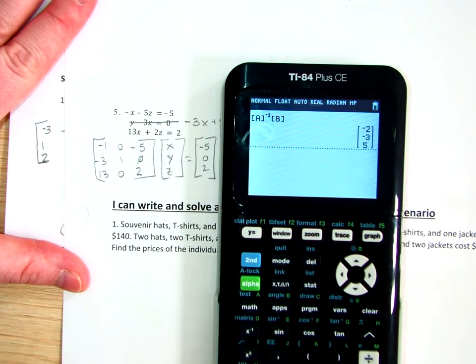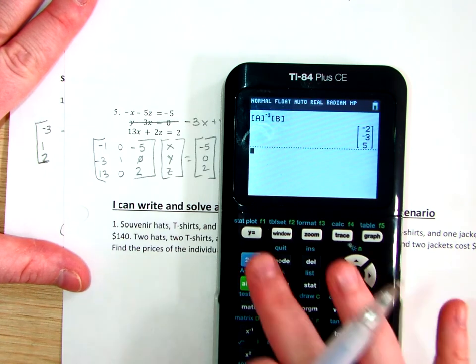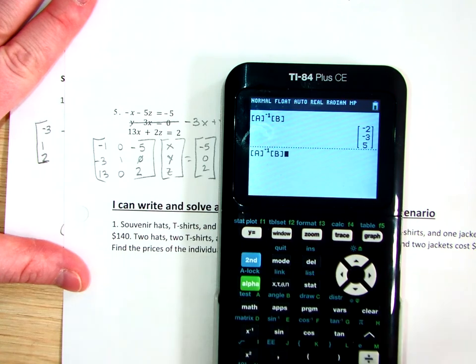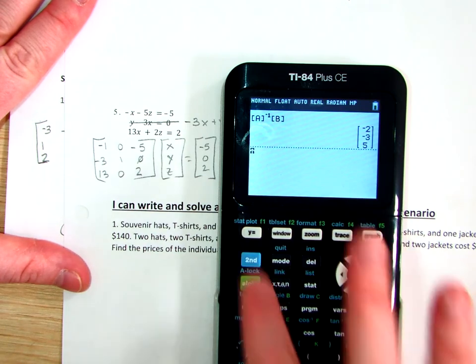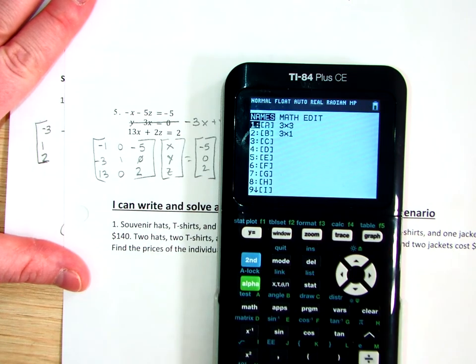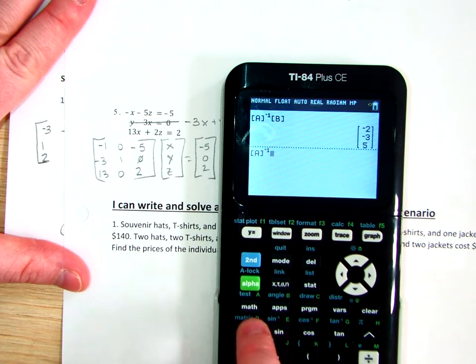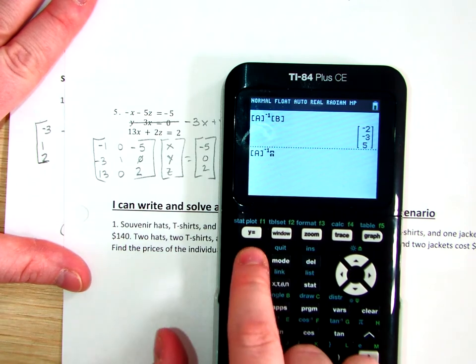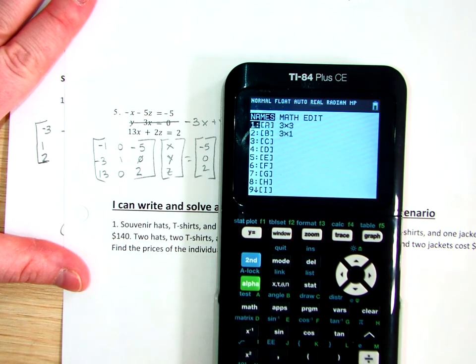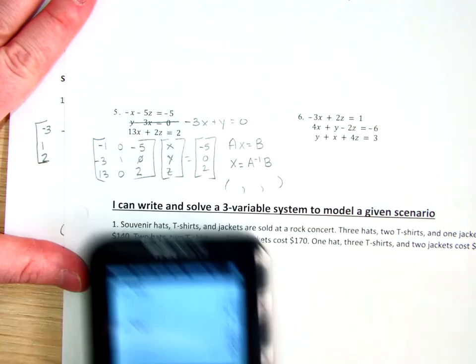Now the cool thing about calculators is you could just come up here, highlight, hit enter. You could hit second, enter, get you back the same thing. Or if you don't remember how to do this, this is how you do it. You go second, x^-1, 1, x^-1, second, x^-1, 2, enter, and there's your answer. And then my answer is (0, 0, 1).